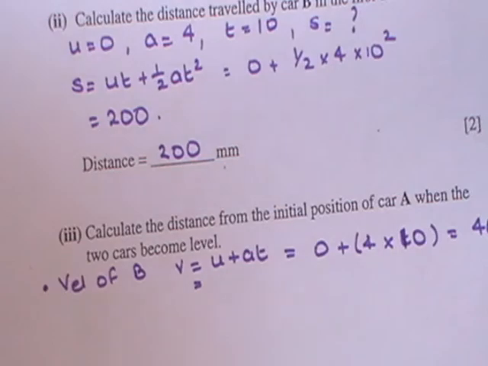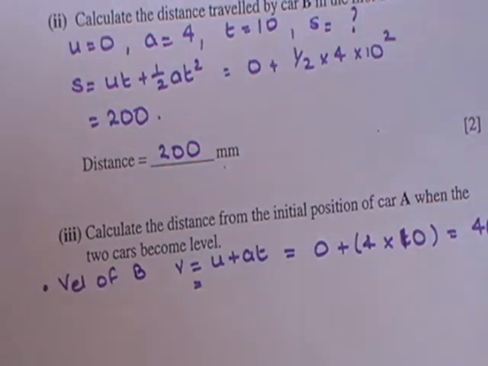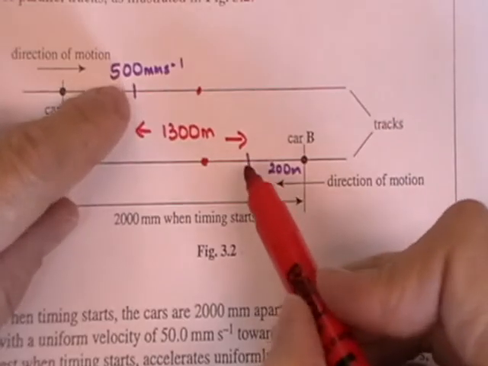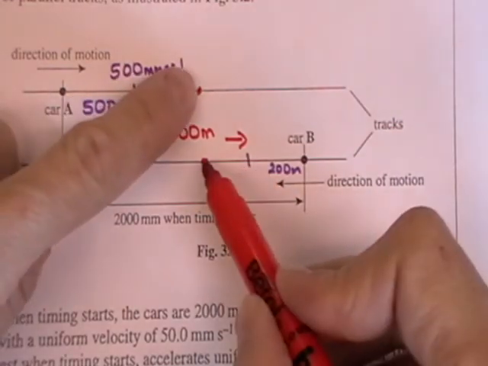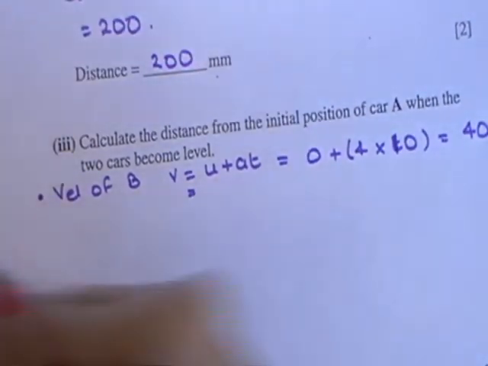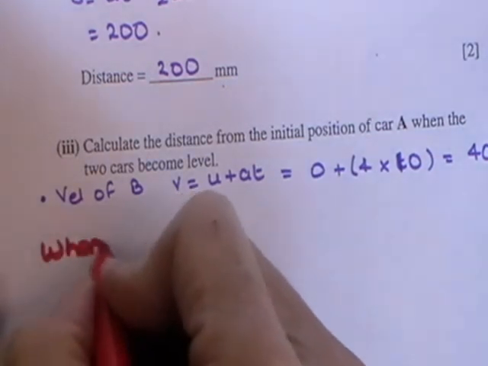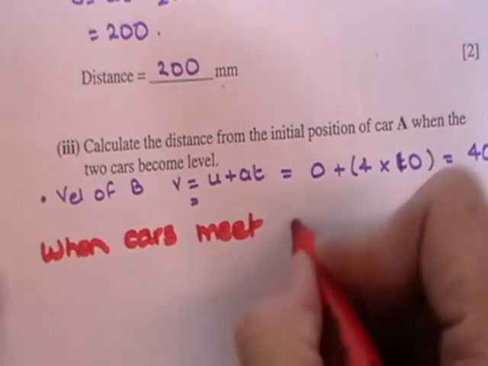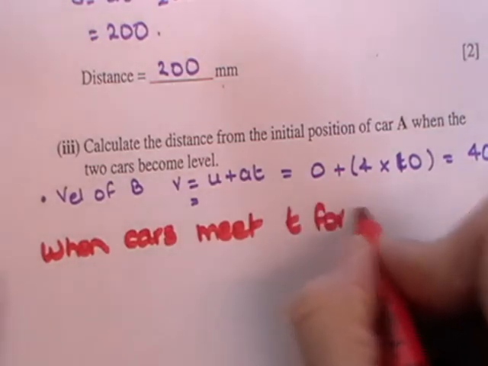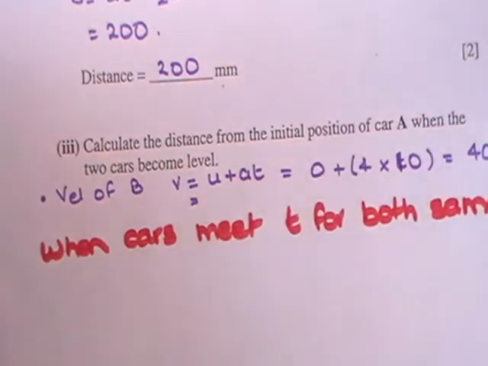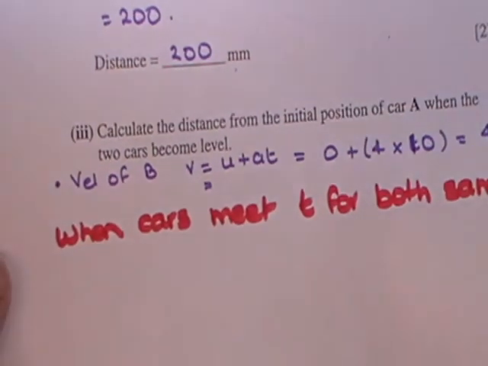Therefore, we know that when they meet each other, the time at constant velocity for both of them has to be the same. So if we factor that into our equation, when cars meet, time for both is the same. Now that they're travelling at a constant velocity, we can use velocity is distance over time.